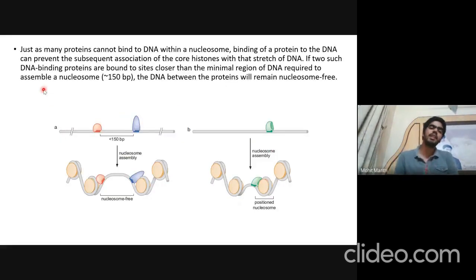Now, just as many proteins cannot bind to the DNA within a nucleosome, so if the DNA is tightly packed in the nucleosome, the protein will not be able to bind.